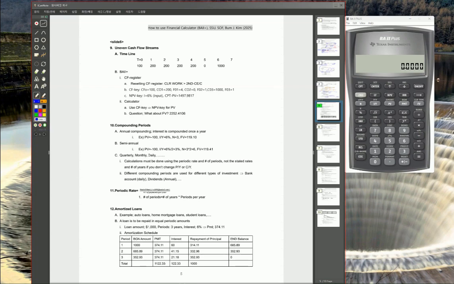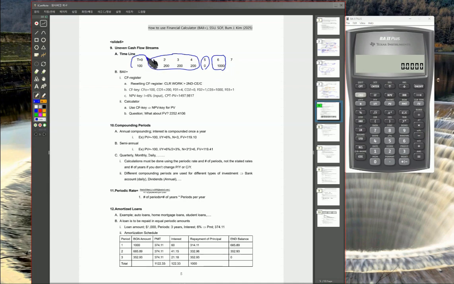So, the uneven cash flow situation. As you can see from the timeline here, we have 100 at t equals 0, and 200 in a row until t equals 4, and at t equals 5 we have a 0. So the cash flows at t equals 1 through t equals 4 are identical, all $200, and then at t equals 6 we have 1,000.